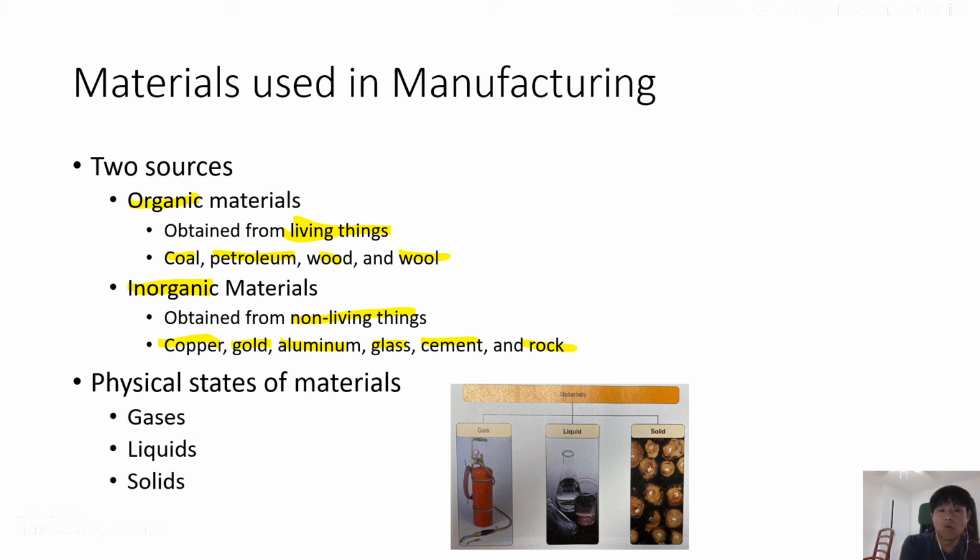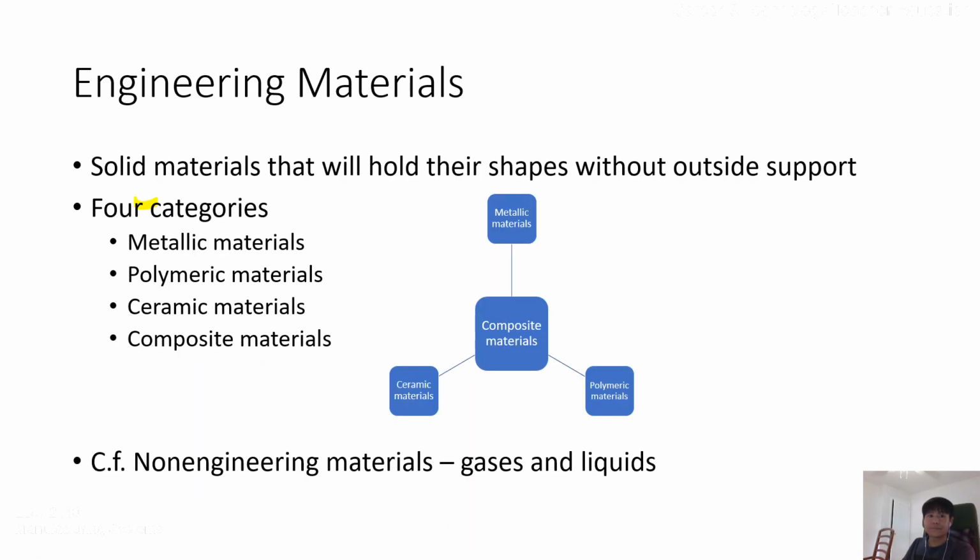All material has three physical states: gases, liquid, and solid. Those are the basic physical states, but most products we use in manufacturing are solid. We're going to use the term engineering material.